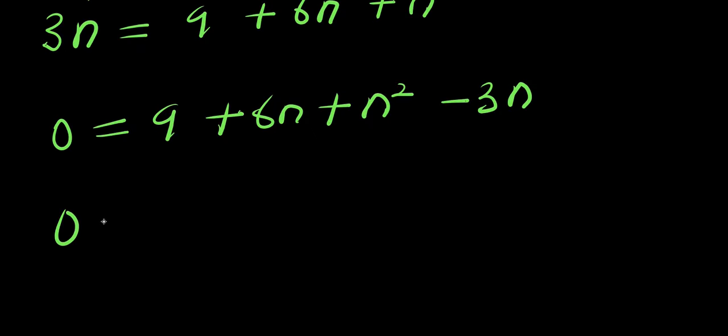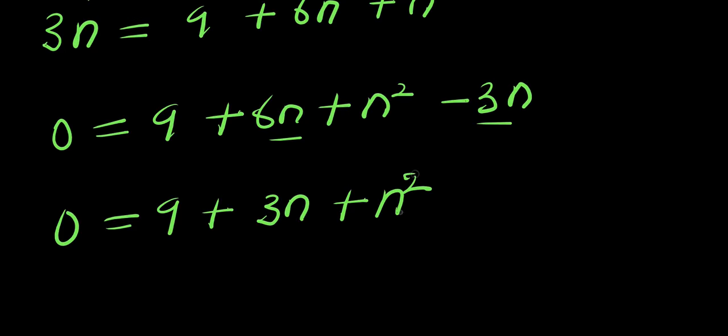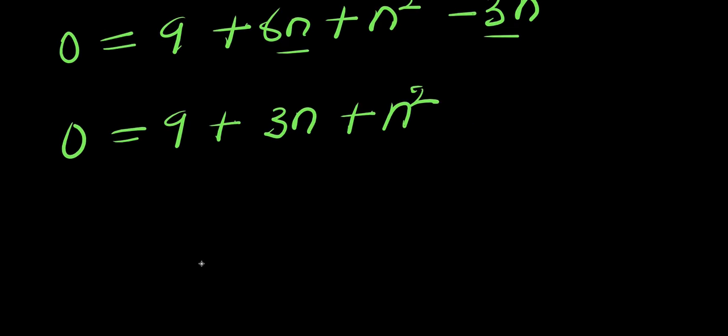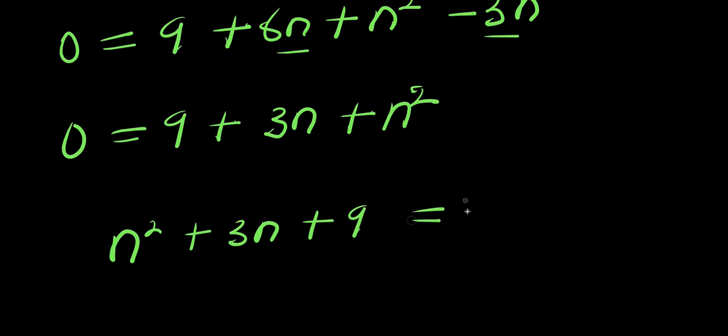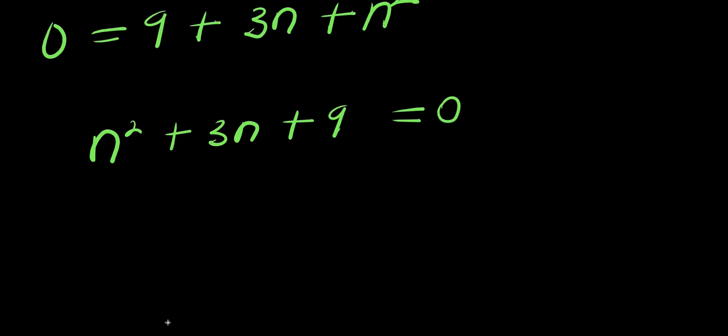From here, I have 0 equals 9 plus 6n minus 3n, that is 3n, plus n squared. I can decide to rearrange this. I have n squared plus 3n plus 9 equals 0. So solving this quadratic equation, we use the formula method.